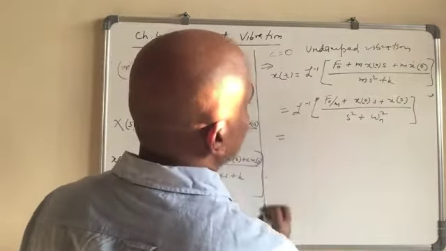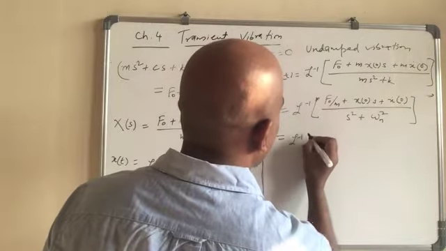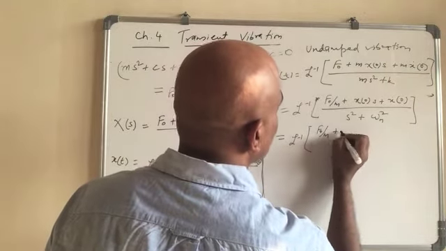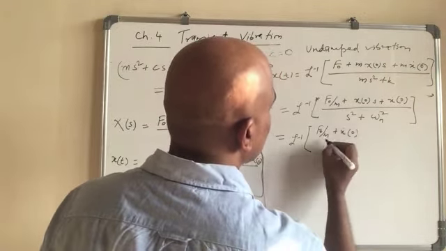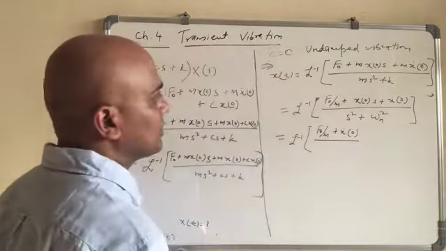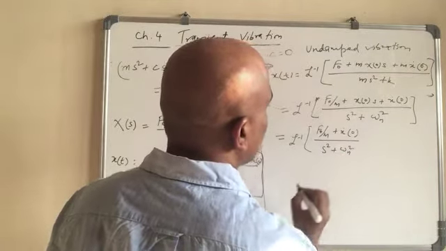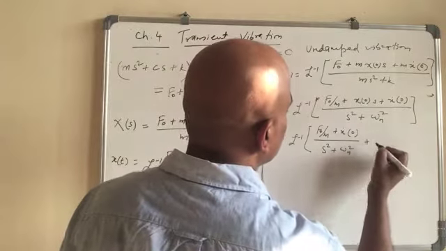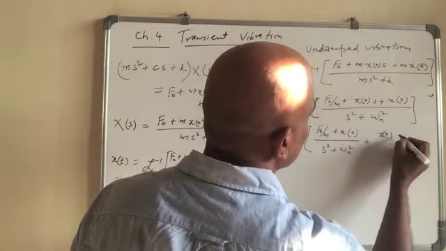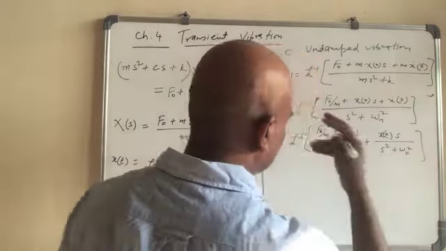So that becomes equal to L inverse of (F0 over m plus x dot 0) divided by (s squared plus omega n squared), plus x(0) s over (s squared plus omega n squared), right?